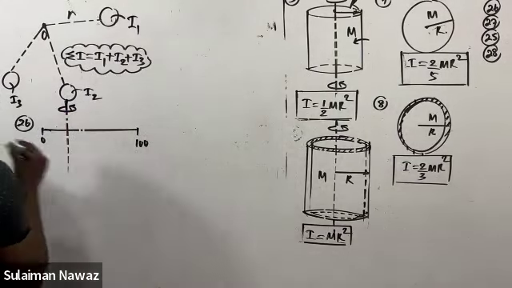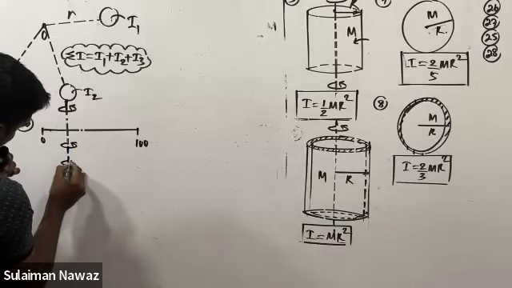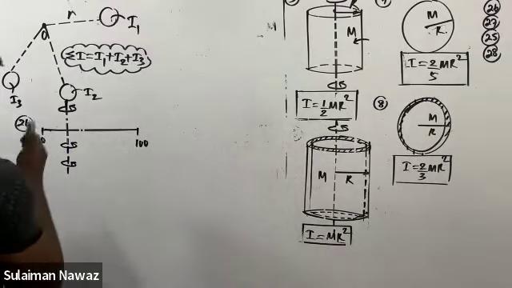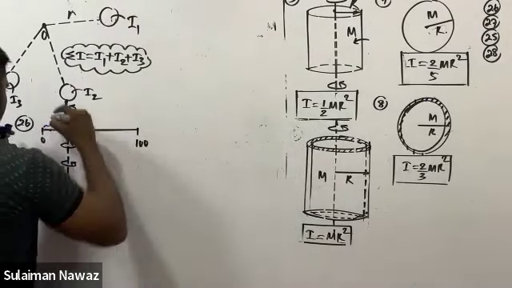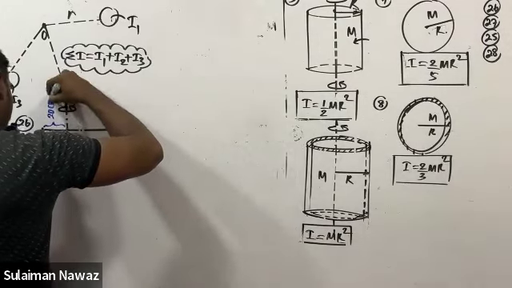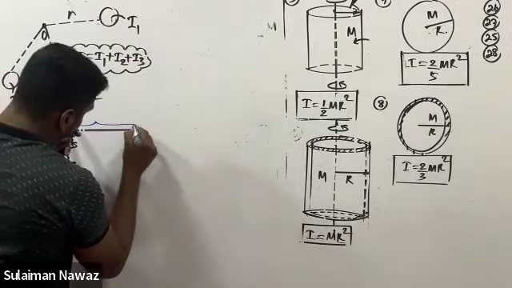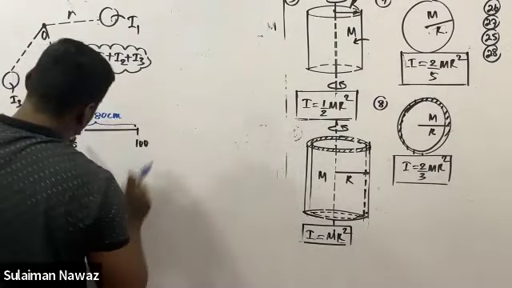In this case, this length will be 20 centimeters. Am I correct? Then this gap will be 80 centimeters, since it is a 100 centimeter meter roller.